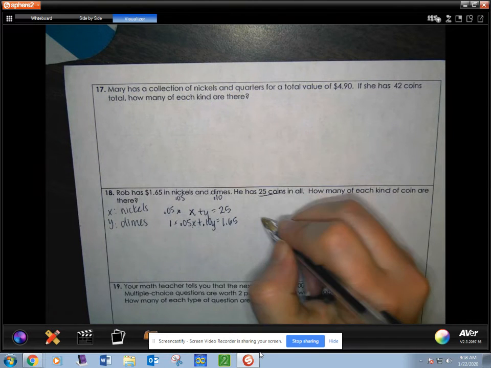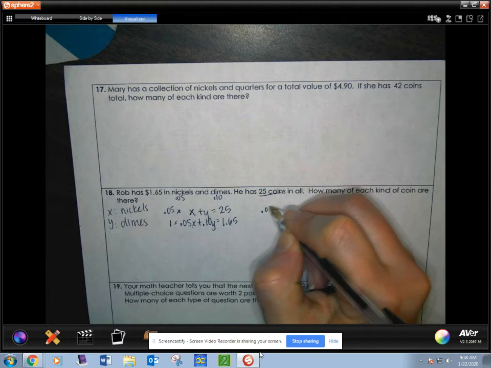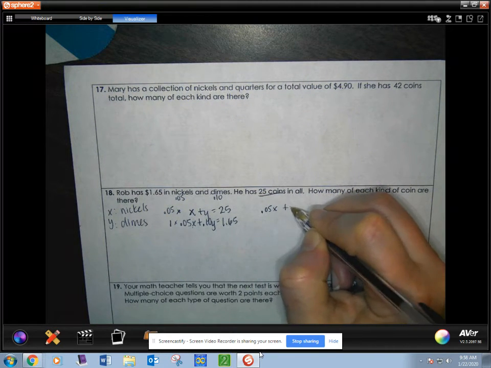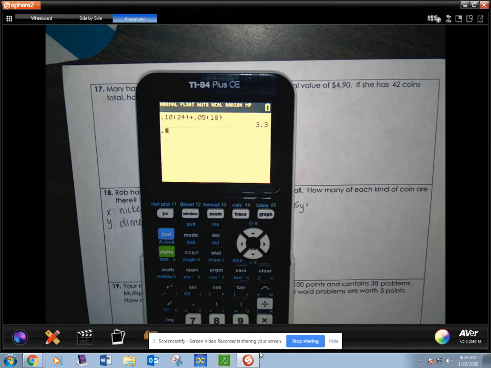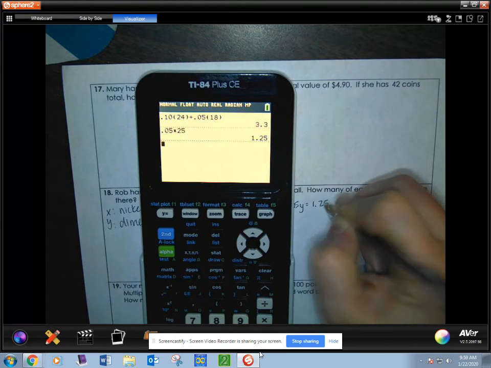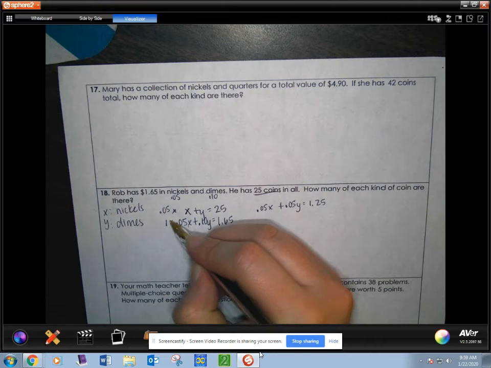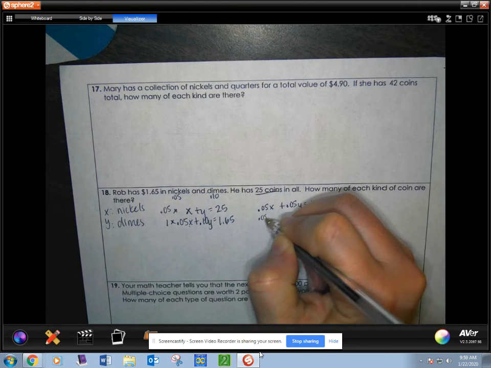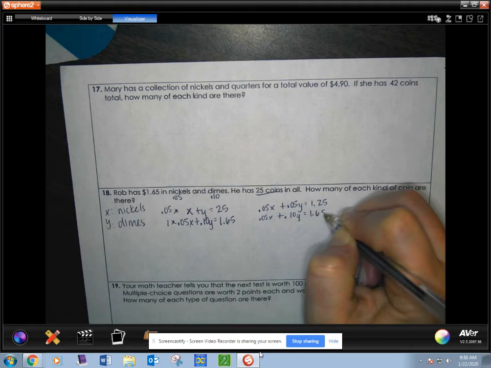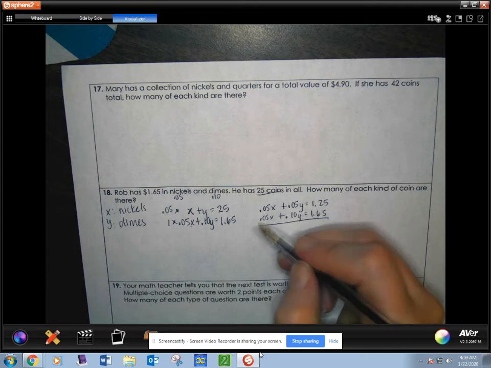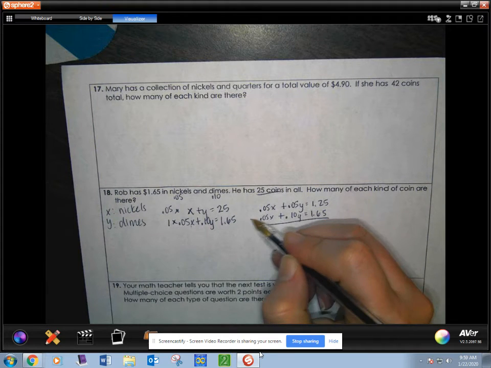Okay, so 0.05 times x is 0.05x, 0.05 times y is 0.05y, and 0.05 times 25 is 1.25. The bottom equation, when you multiply by 1, does not change, so 0.05x plus 0.10y equals 165. Okay, since my x's are the same, if I add them, they won't cancel, so I have to subtract.